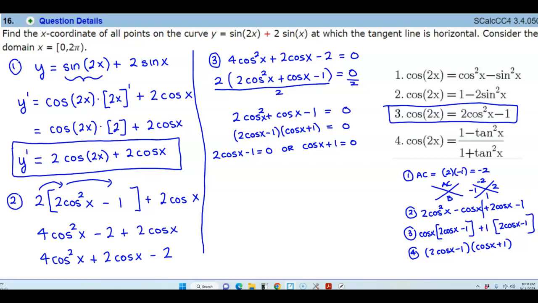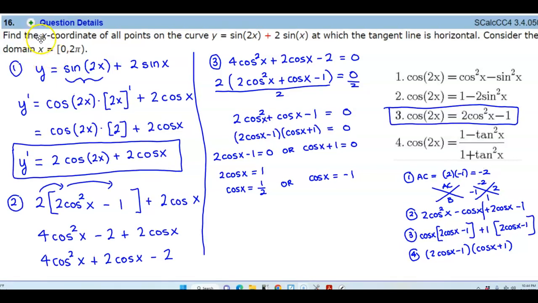So when we solve over here, we're going to get 2 times the cosine of x equal to 1, so the cosine of x is equal to 1/2. Or over here, we're going to get the cosine of x equal to -1.